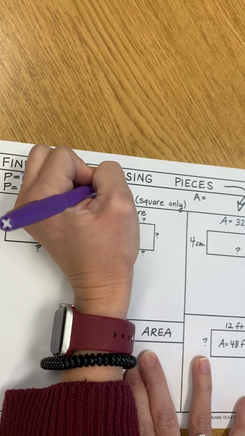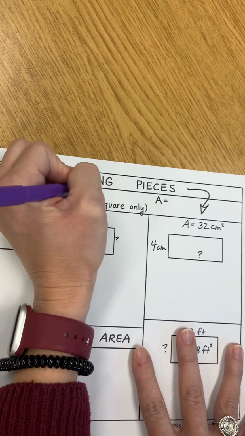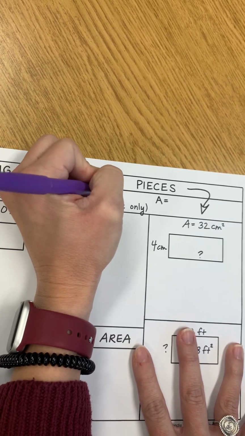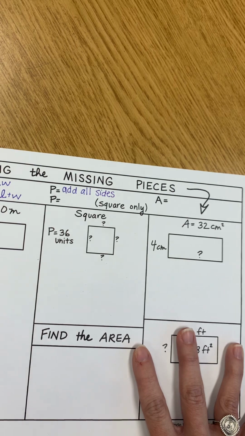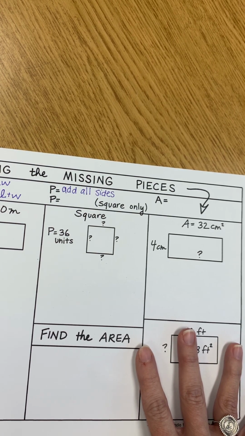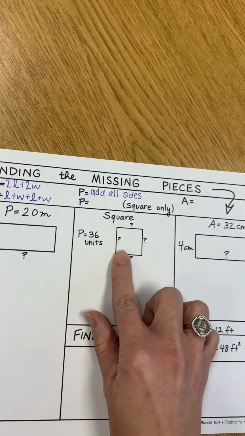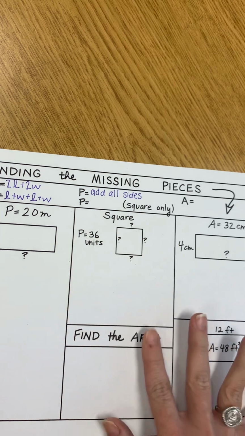The next possible way is actually the same as this way. Add all the sides. And the last possible way for perimeter is if you have a square, all the sides are congruent. They are the same.